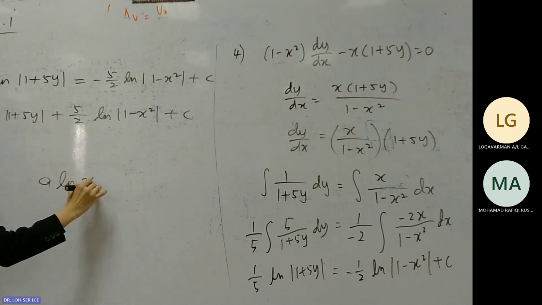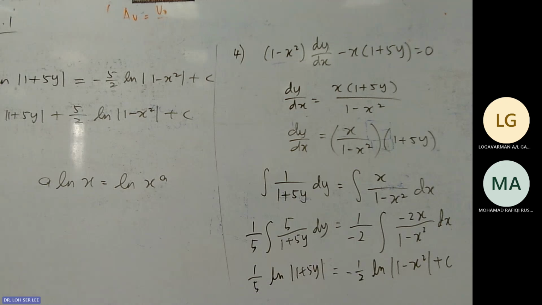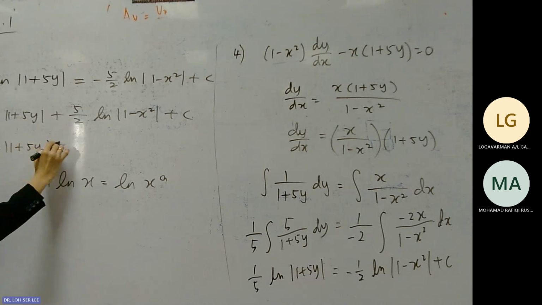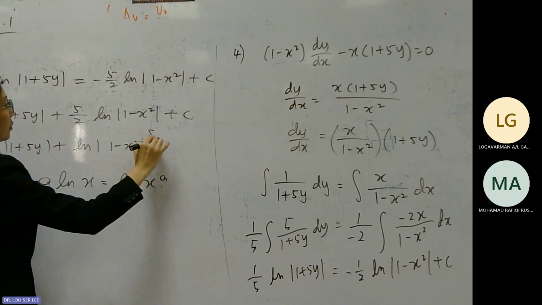A ln x is actually ln x to the power of a. This is the character of the ln function. So this 5/2, you can bring it inside to be the power of this function, ln of 1 plus 5y, plus ln of 1 minus x squared to the power of 5/2.